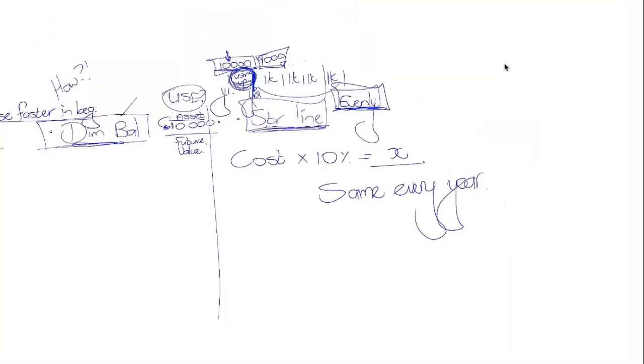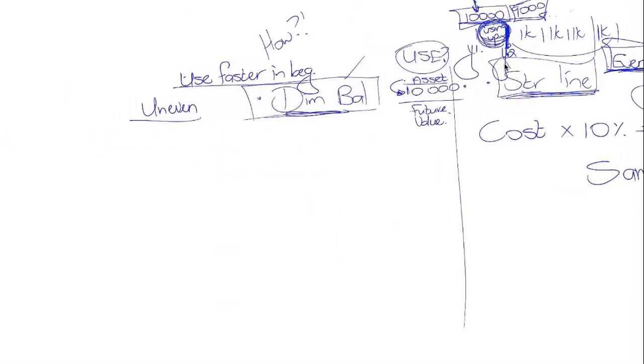Whereas when it comes to the diminishing balance method, you need to calculate depreciation on the carrying value. So your main focus and your main issue here needs to be understanding that Straightline is on cost and diminishing balance is on the carrying value.